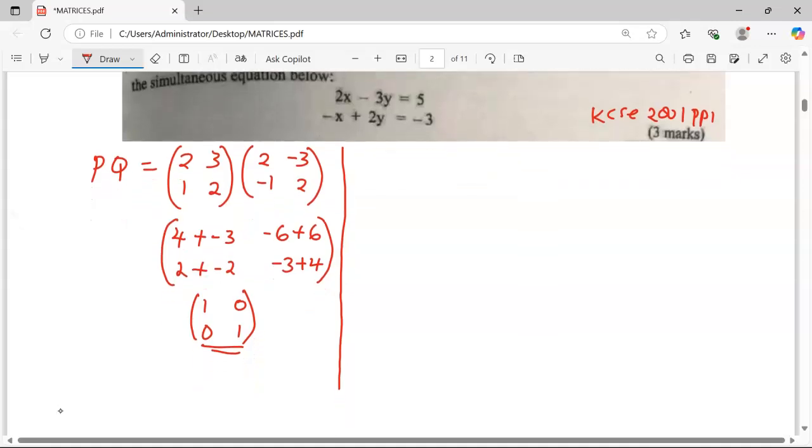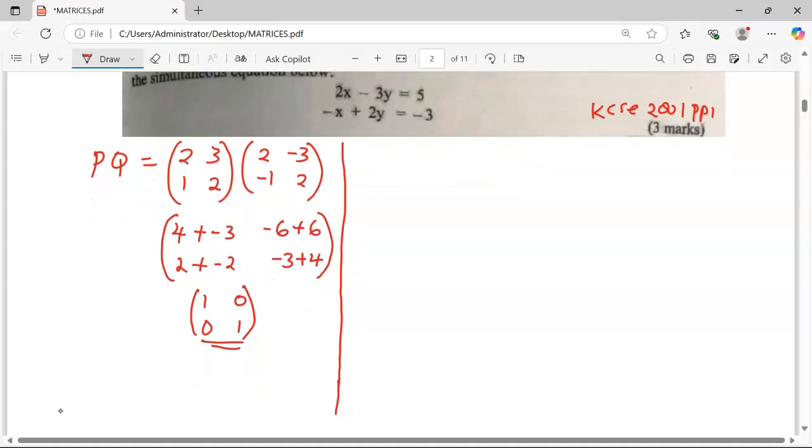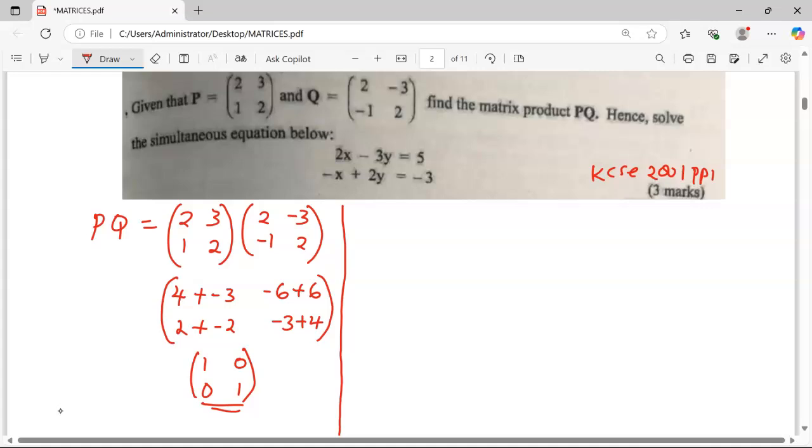Having done that, we now move and work on the simultaneous equations that we have. The simultaneous equations we have are 2x minus 3y is equal to 5, and minus x plus 2y is equal to negative 3. We are first going to start by writing them in matrix form. From the first equation, the coefficient of x is 2 and the coefficient of y is negative 3.